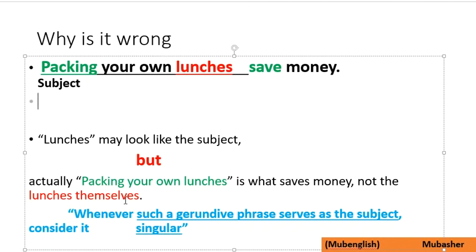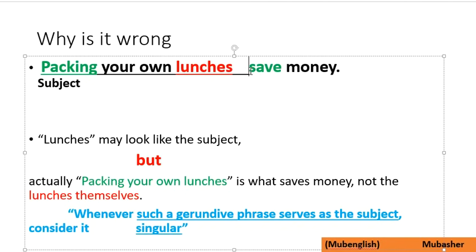It's not only the lunches which save money. Our prime focus here is the packing of the lunches, not the lunches. And what is saving the money? Packing your own lunches is saving the money. Lunches are not saving the money.